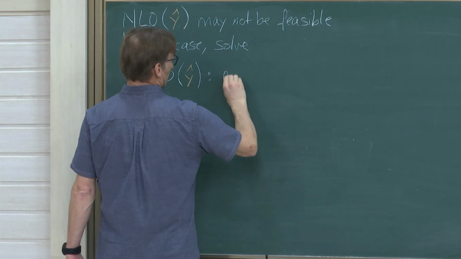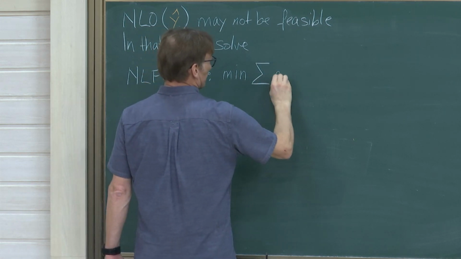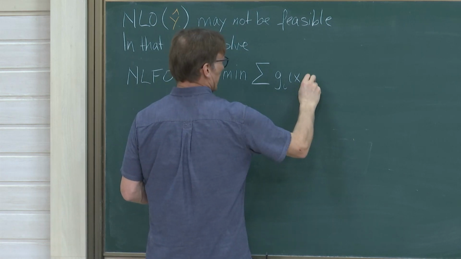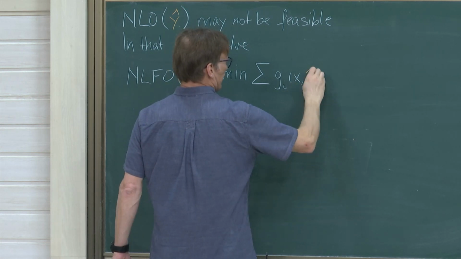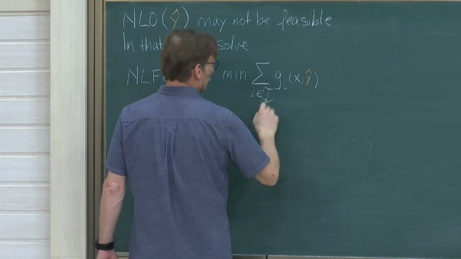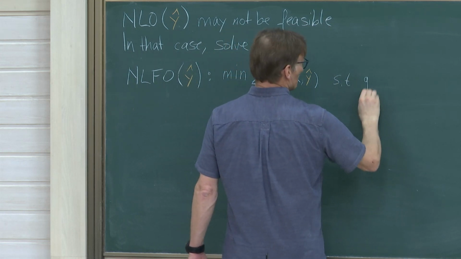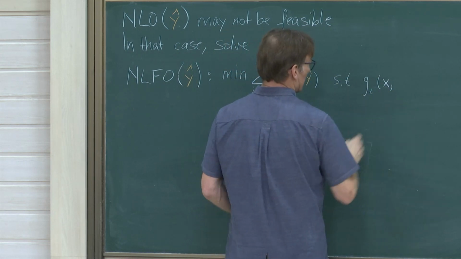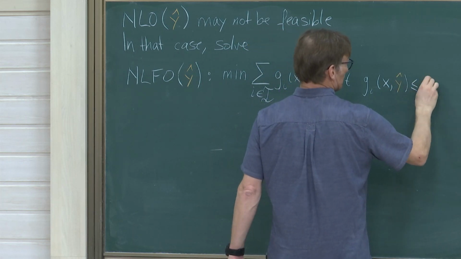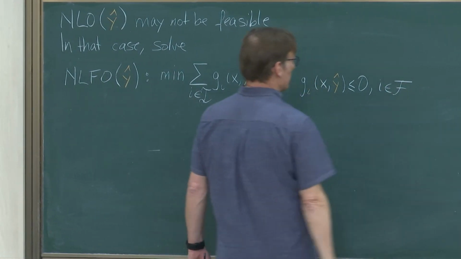One of them has the form: minimize the sum of gi of x and y hat over a set I, which I will define in a moment, subject to gi of x and y hat less than or equal to 0 for another set, F.